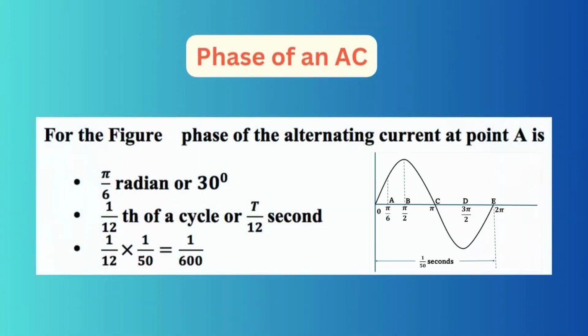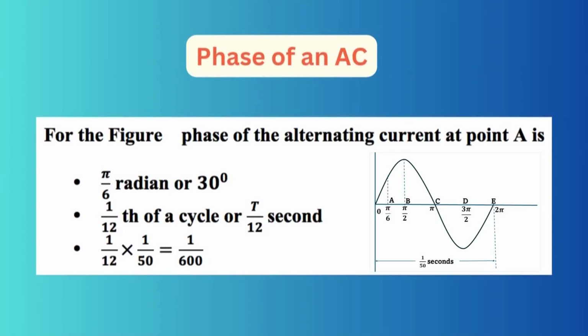For example, here in this sinusoidal wave at point A, the phase is pi by 6 radian or 30 degrees. In terms of cycle, it is 1/12 of the cycle or T by 12 seconds. Since our time period is 1 by 50 seconds, the phase is 1 by 600 seconds.